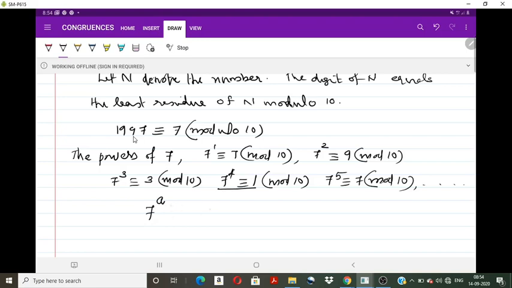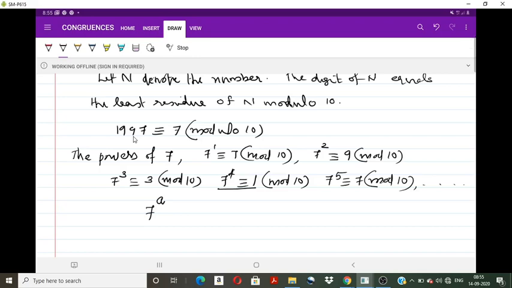It depends on the least residue obtained when A is divided by 4, because the existing powers are 1, 2, 3 and 4, and from 5 onwards it again repeats.